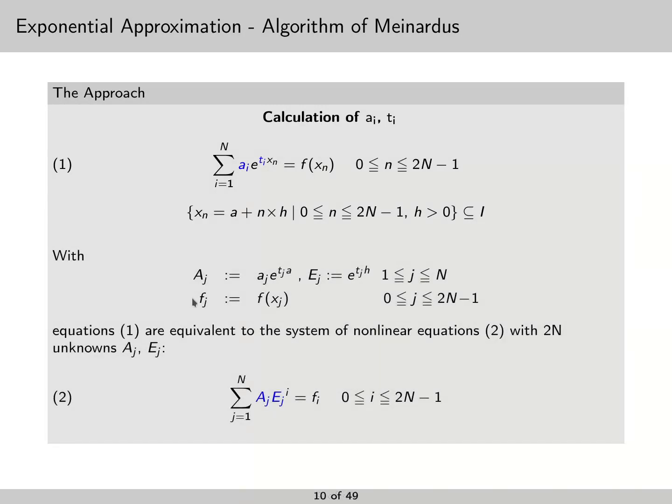With these definitions of capital H_A and capital E_J and F_J, we can rewrite system 1 and arrive at the equivalent system of nonlinear equations 2 with the two unknowns capital H_A and capital E_J.